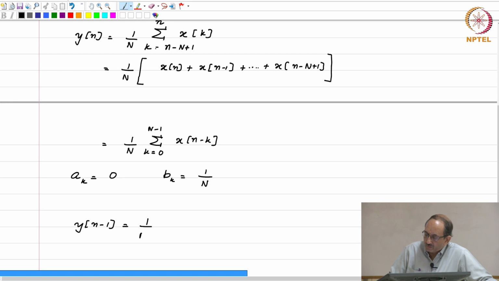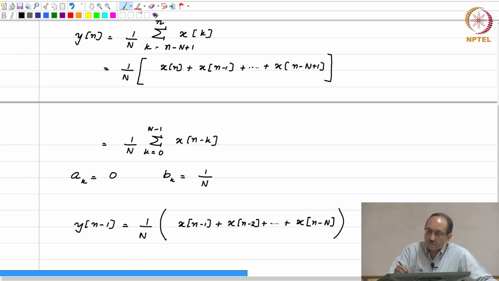Y of n minus 1 is nothing but 1 over N times x of n minus 1 plus x of n minus 2 up to x of n minus capital N. All I have done is, in this equation, wherever n is there, I have replaced little n by little n minus 1. So, this is what y of n minus 1 is.